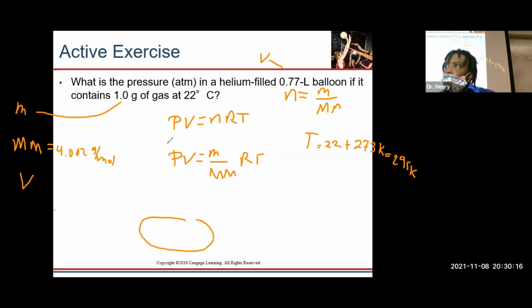Okay, so if we use this equation here and we solve for P, we get P equals mass times RT divided by molar mass times volume. Okay.